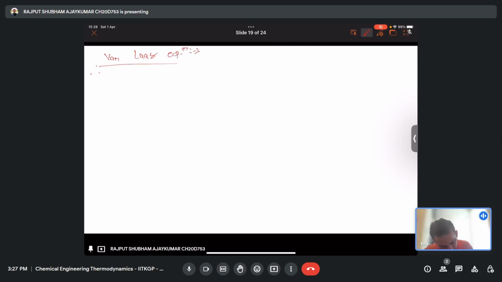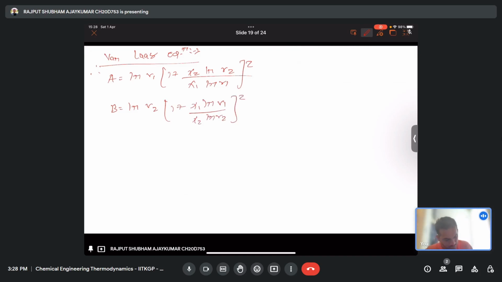We'll first find the van Laar constants: A equals ln gamma 1 times (1 plus x2 ln gamma 2 over x1 ln gamma 1) whole squared. Similarly, B equals ln gamma 2 times (1 plus x1 ln gamma 1 over x2 ln gamma 2) whole squared.